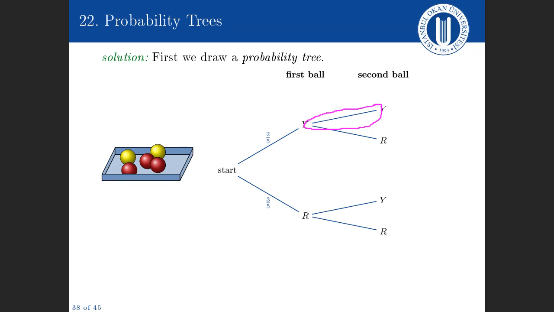So 3 of them are red and 1 of them is yellow. So the probability that the second ball is yellow must be 1 divided by 4. Because 3 of the 4 balls are red, the probability that the second ball is red must be 3 divided by 4.